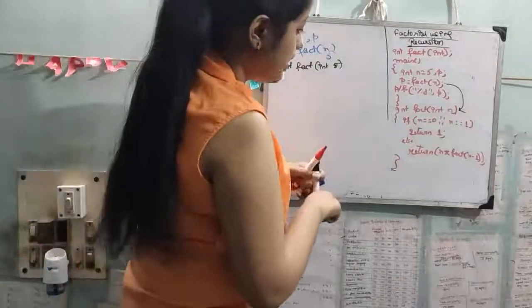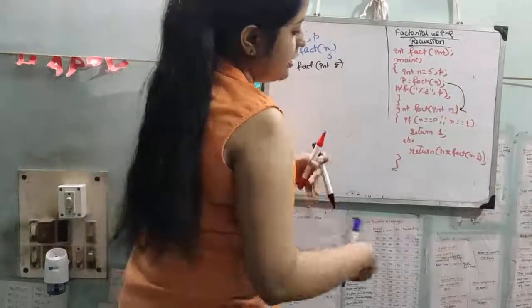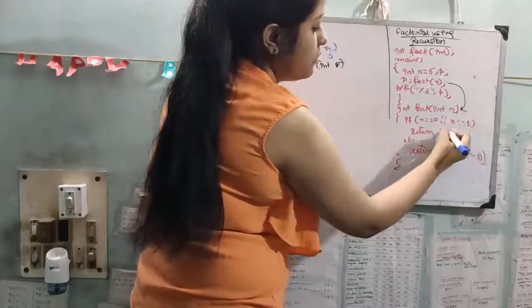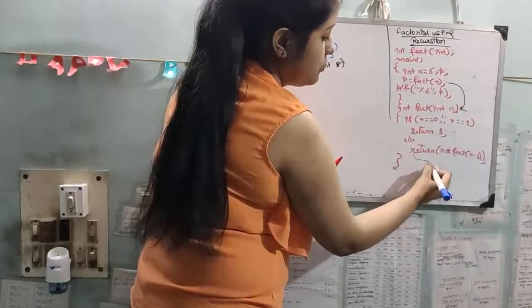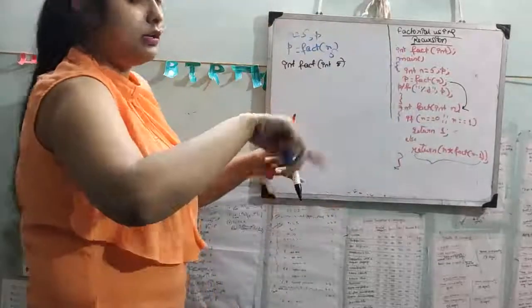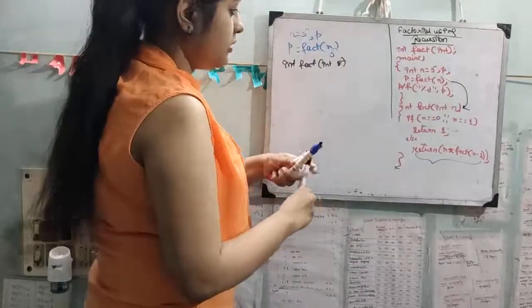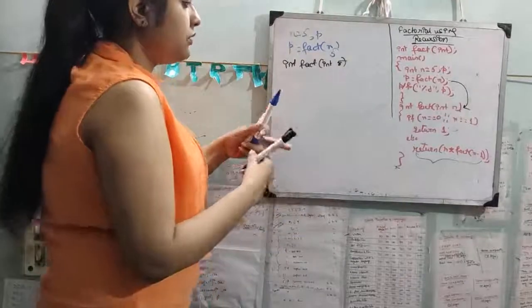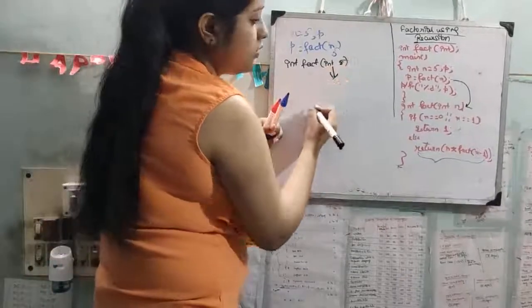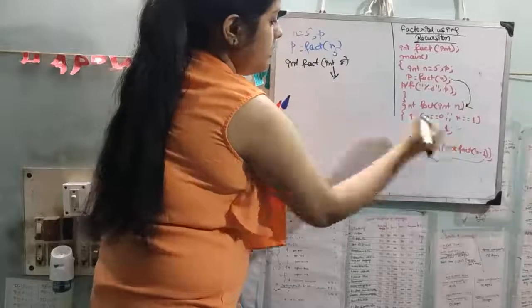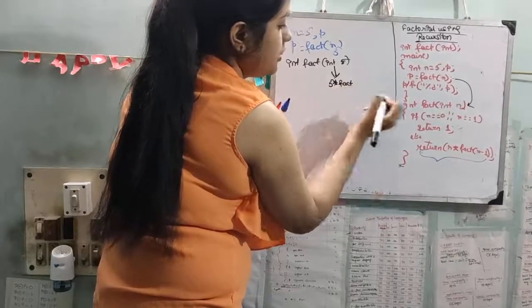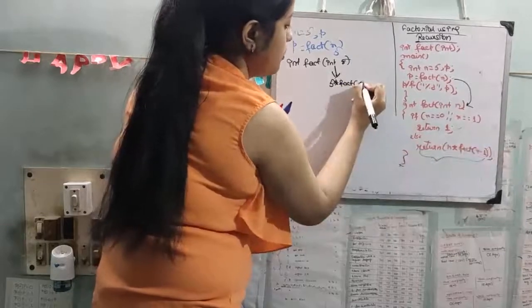Int n here means 5. So now let's see, the condition is if n equals 0 or n equals 1, we will return 1, else we will do this. It's again calling itself, just recursively calling itself. So here n is neither equal to 0 nor equal to 1. So what will we do? It will again call. N means here 5 into fact of 5 minus 1, 4.